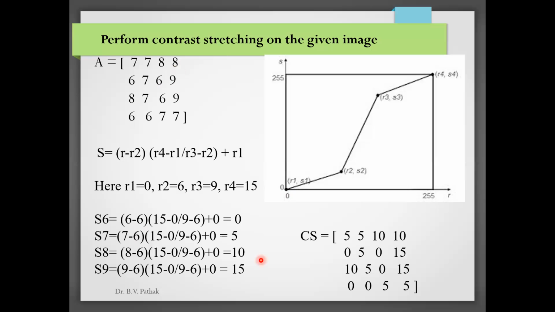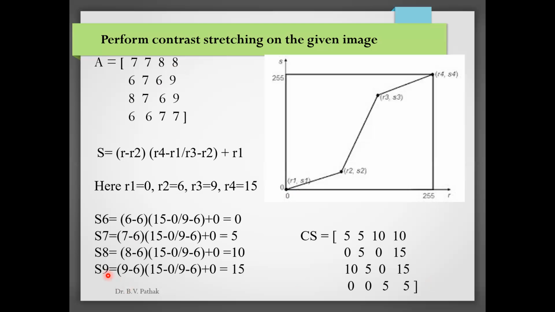Now we will have to write our new image. So our new contrast stretched image is equal to, how to write it? Now our pixel number 6 has become 0. Pixel number 7 has become 5. Pixel number 8 has become 10.